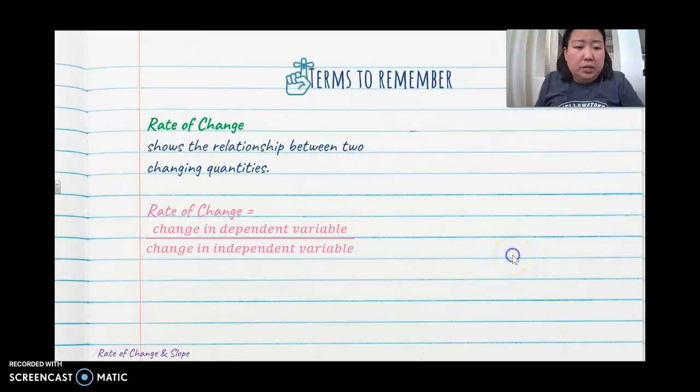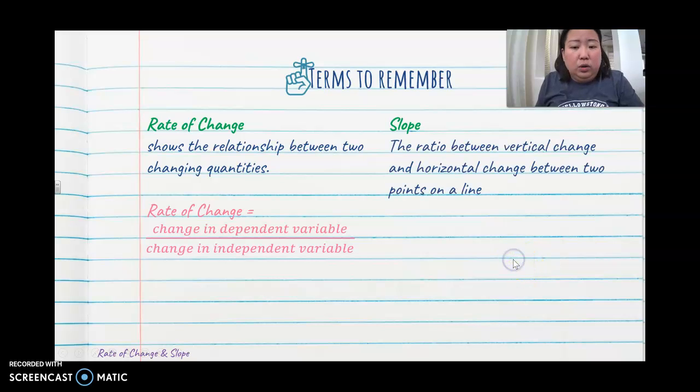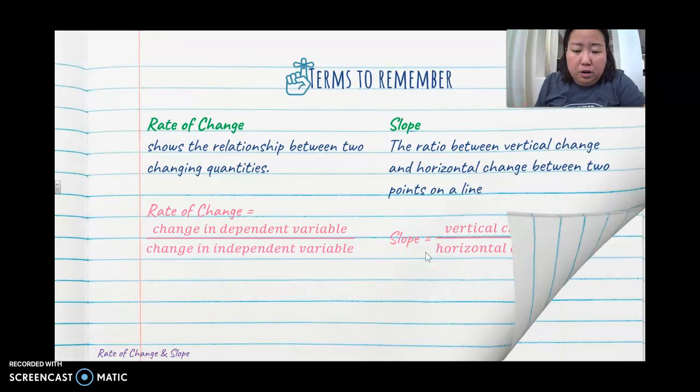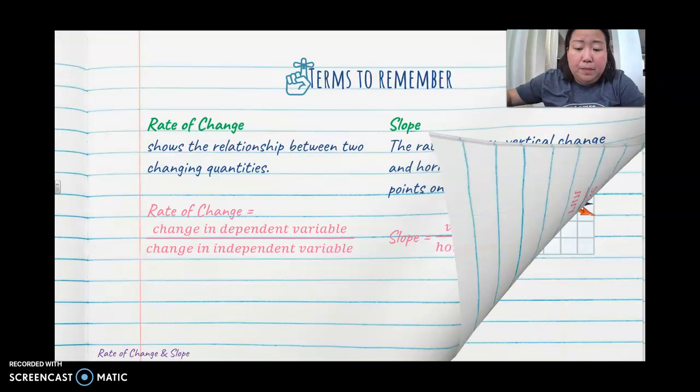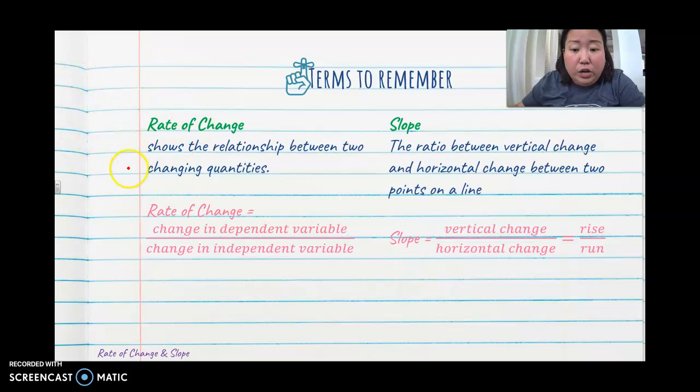Now, we mentioned that we are to cover slope, and slope is the best example of a rate of change. It shows us the ratio between the vertical change and the horizontal change between 2 points of the line. So following the formula of the rate of change, the slope formula will be the vertical change.